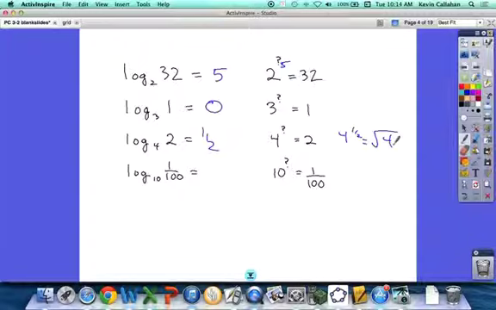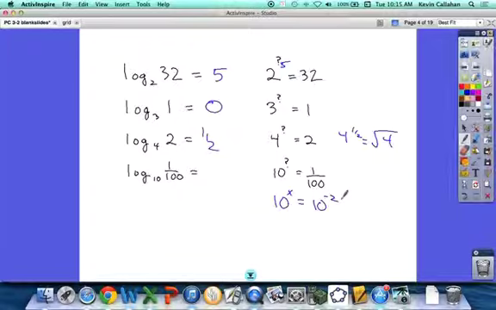What power would you raise 10 to get 1 over 100? Think of it like this: 10 to what power equals 1 over 100? If it's 100 in the denominator, let's say 100 is 10 squared.